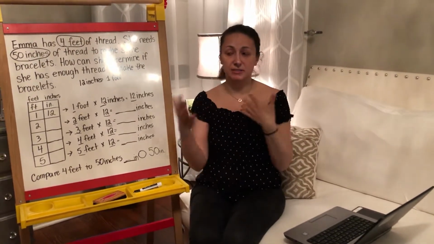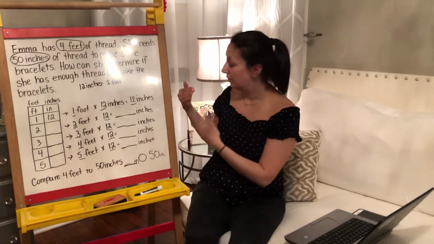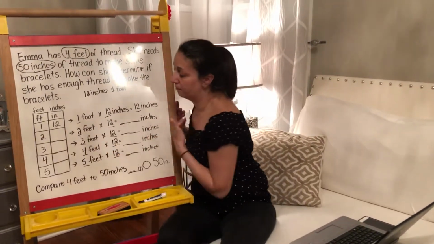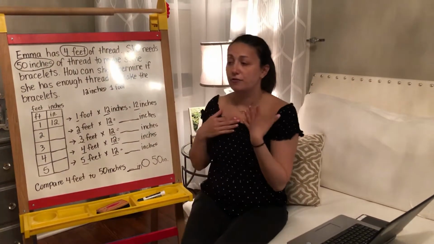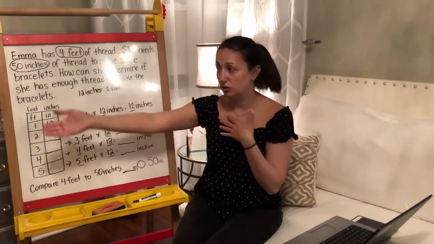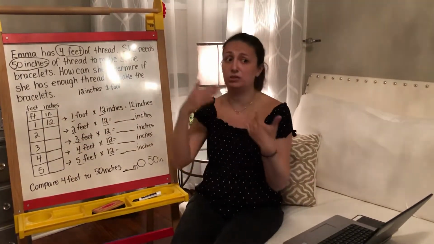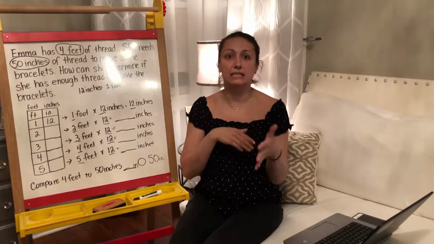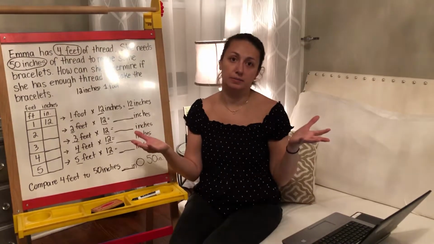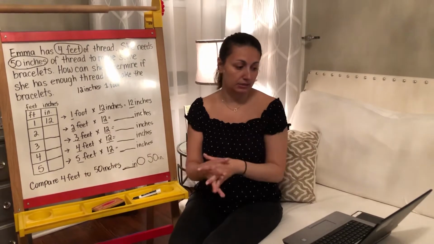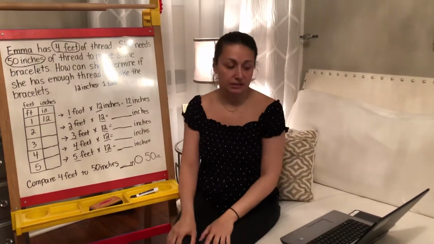Length is the distance between two things: from one side of a board to another, from one side of a house to another side of the house, from one house to a different house, from one city to another city. These are all measuring lengths and places. So that's how we measure the distance.